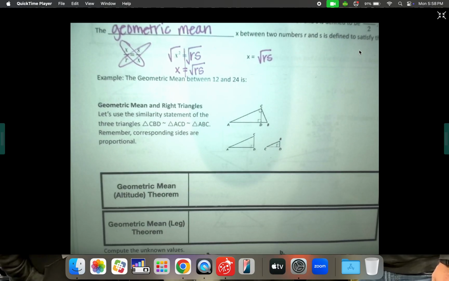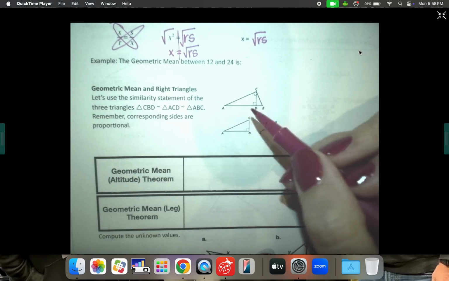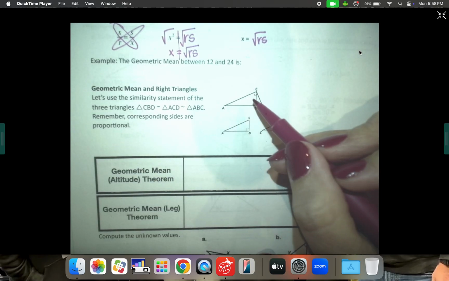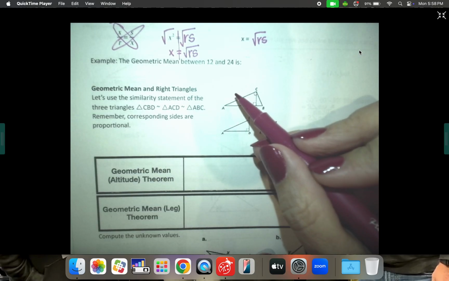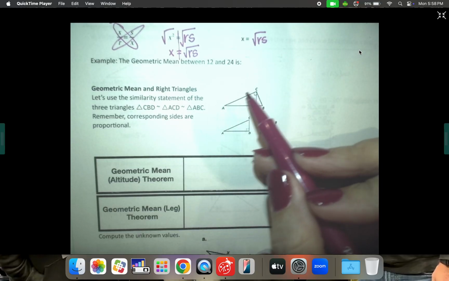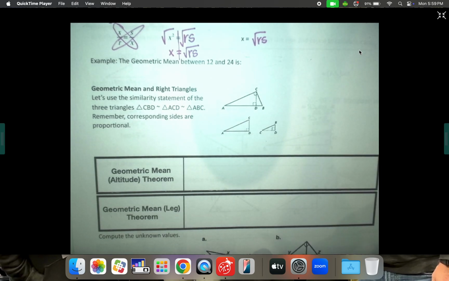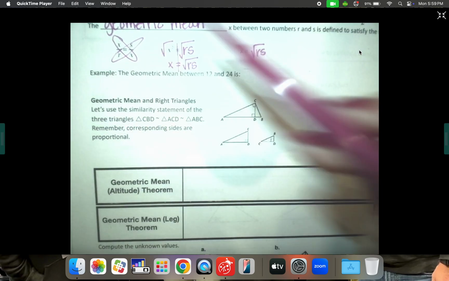The reason this comes into play is because we may know one or two numbers, and you're going to use it twice, because the long leg of this big triangle might end up being the hypotenuse of this one.